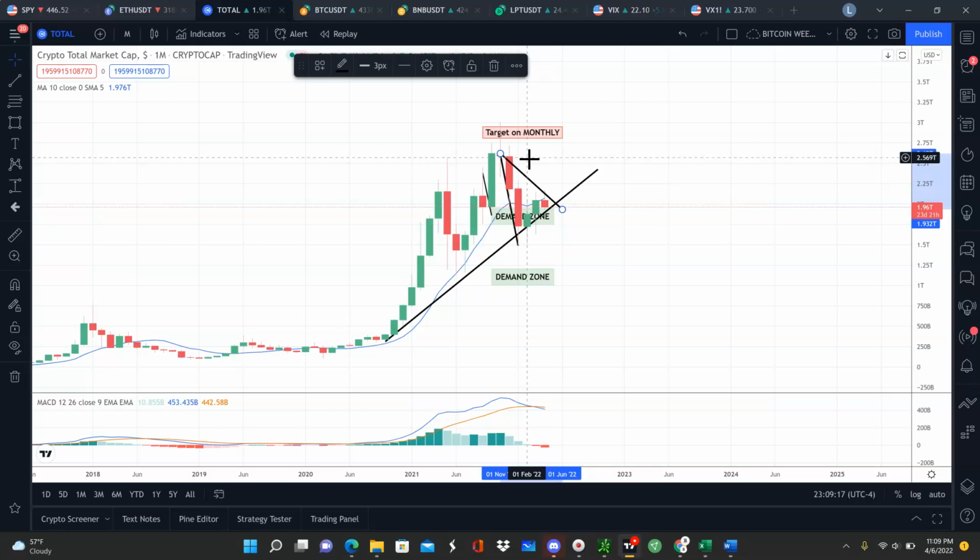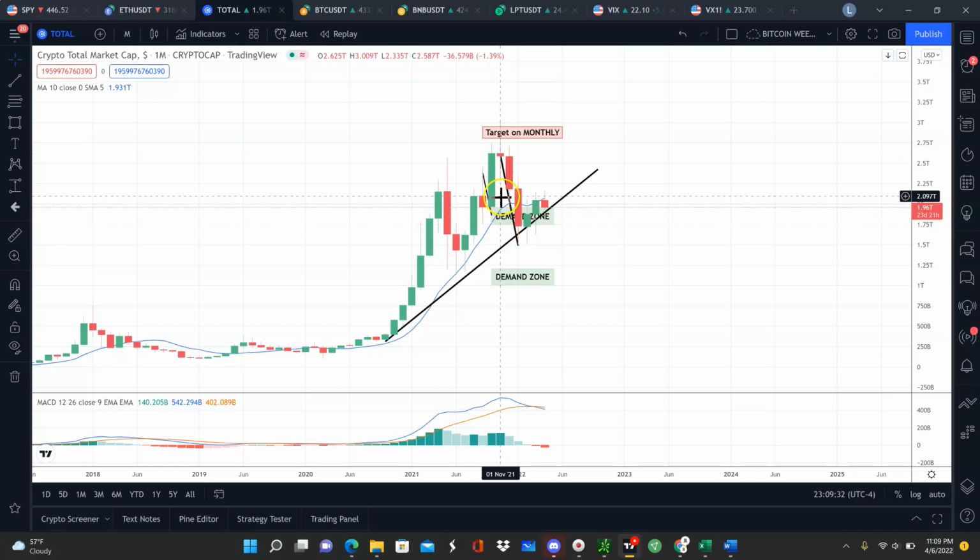But maybe that volatility is starting to come back soon. So definitely be paying attention to that. That's pretty much all I will say about the monthly chart as of right now, and we'll get into the weekly chart in just a second.